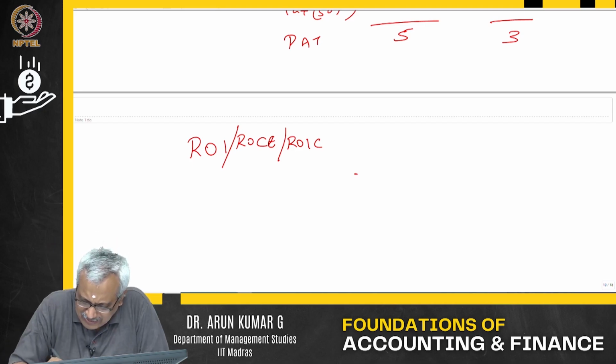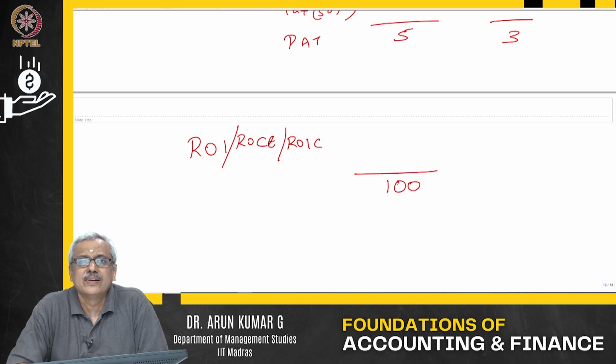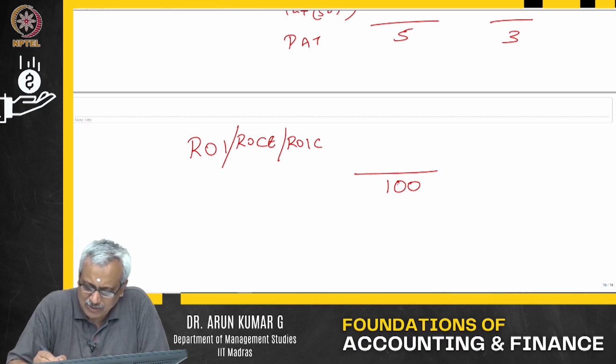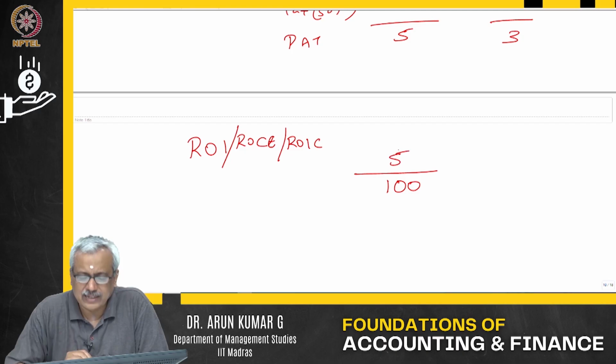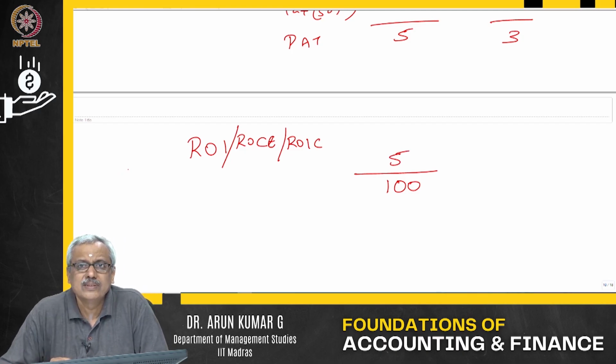Now, for A, what is the denominator? Denominator is only equity, $100. What is the numerator? PAT, $5. That is PAT by invested capital.